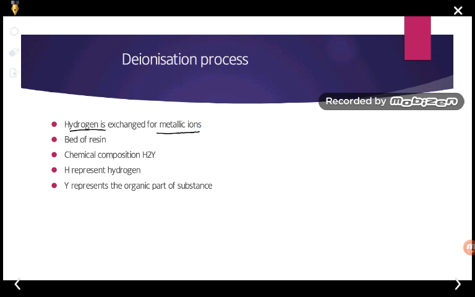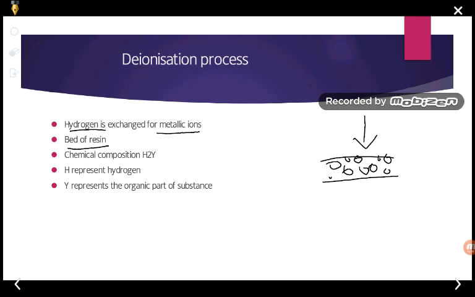So the hard water is passed through the bed of the resin. Here there is a bed of resin, and the hard water is allowed to pass through the bed of the resin, or you can say the carbonaceous material in the hydrogen form.